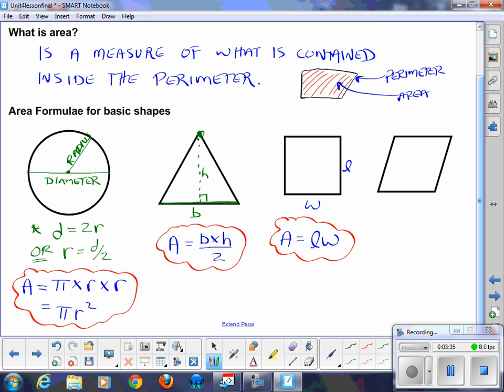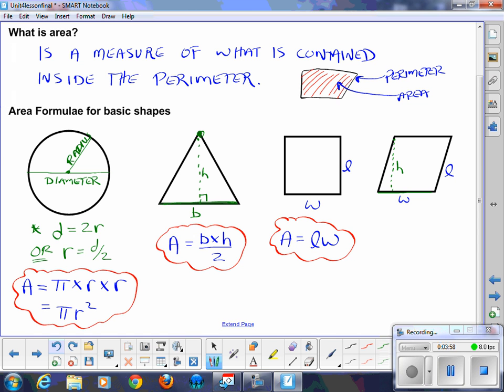Parallelogram also has a length and a width. However, we need to know the distance from the base, so we're still going to use our width, and we need to know that height. And I can draw a little bit better height than that. Because what I want you to see is, that's the height, that's what we need.